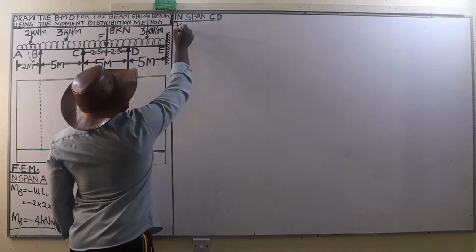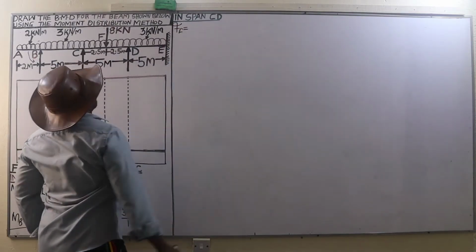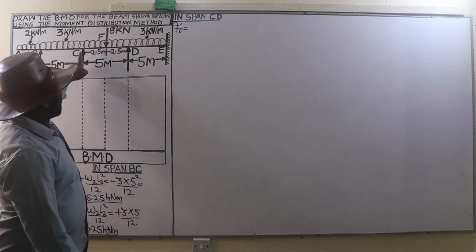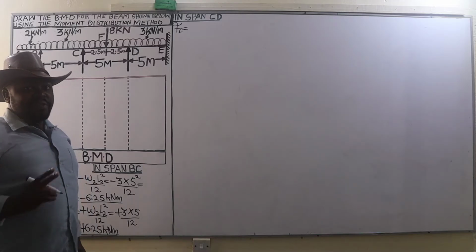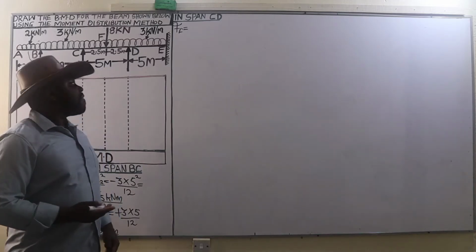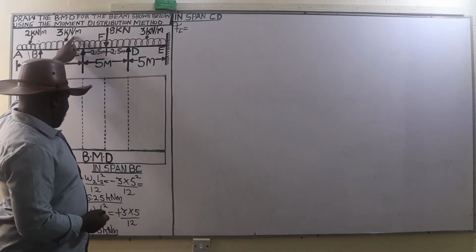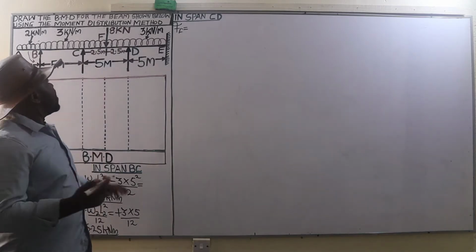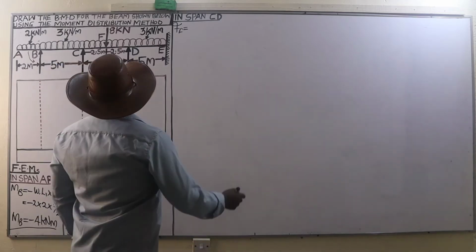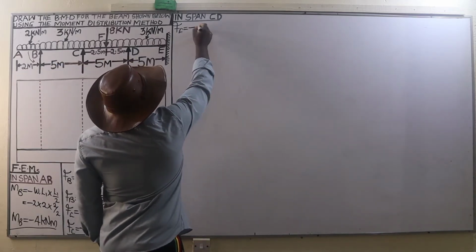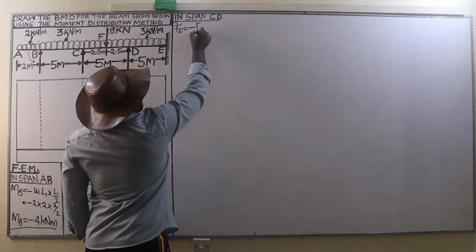We go to the span C to D, and in span CD, we need the fixed end moment at C. The span C to D is loaded with two types of loads. We have a UDL of 3 kilonewtons per meter. We also have a point load of 8 kilonewtons, and therefore the fixed end moment at C will be given by negative.